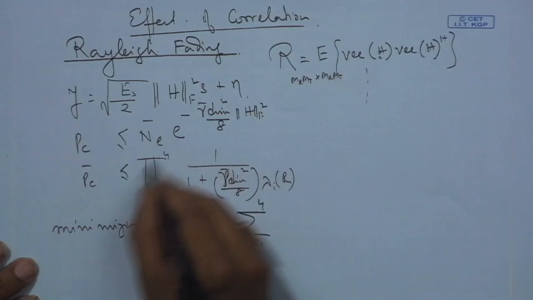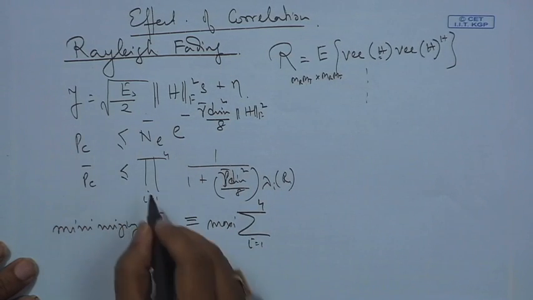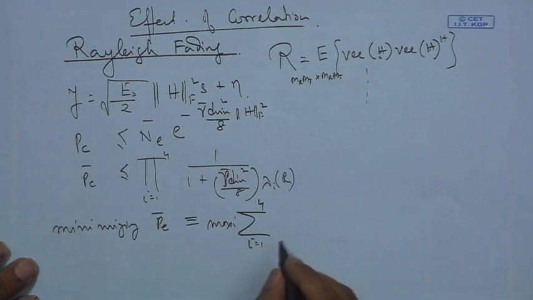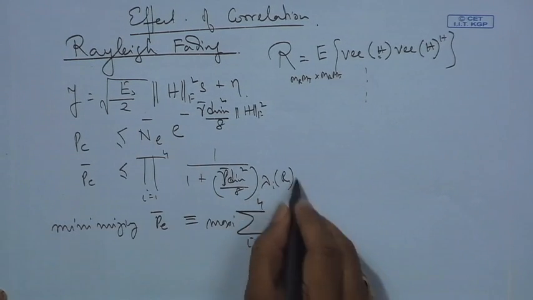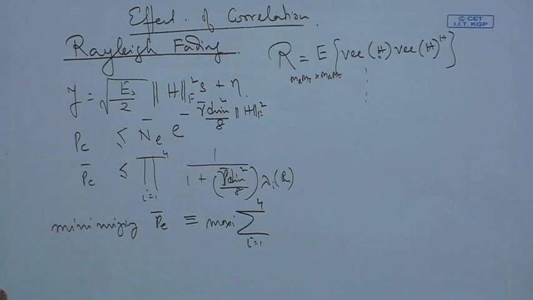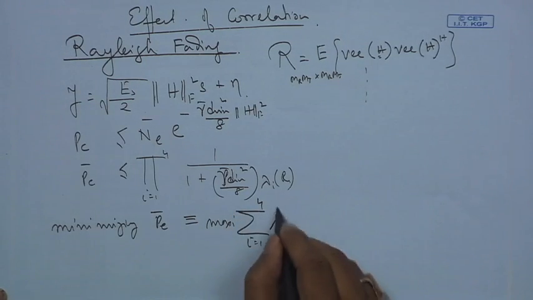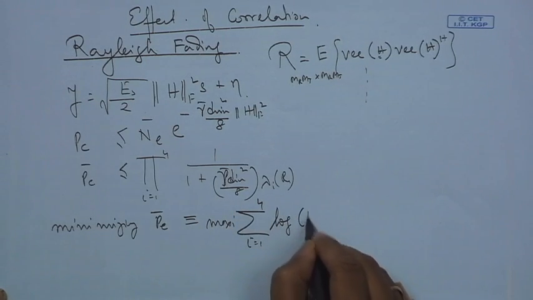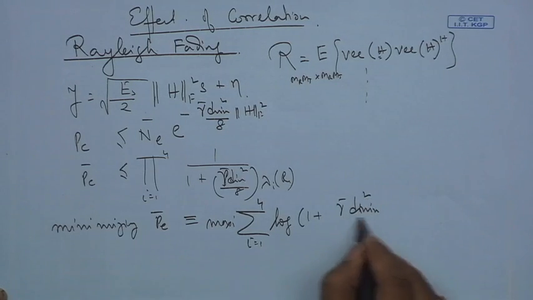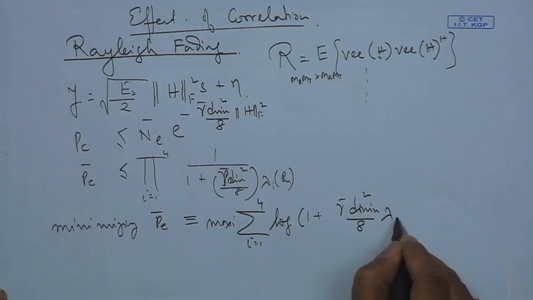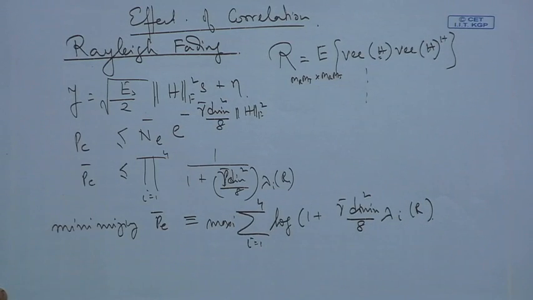I take the log of this instead of operating on it directly, because the product becomes a sum. Because this is in the denominator, we would like to maximize the denominator, which will minimize this. So we have log of 1 plus gamma bar d min squared upon 8 lambda i of R.